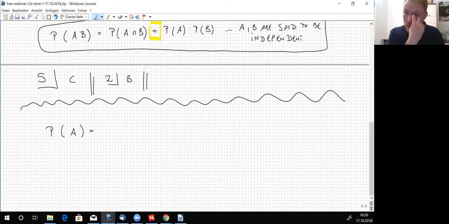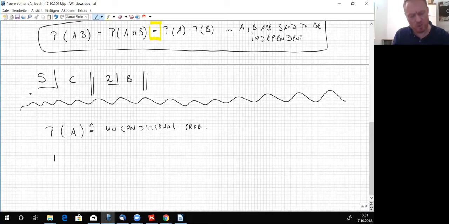And an unconditional probability does not depend on any other event. So that's an unconditional probability, the probability of A, whereas this, A when B occurred, given that the event B occurred before, is a conditional probability.